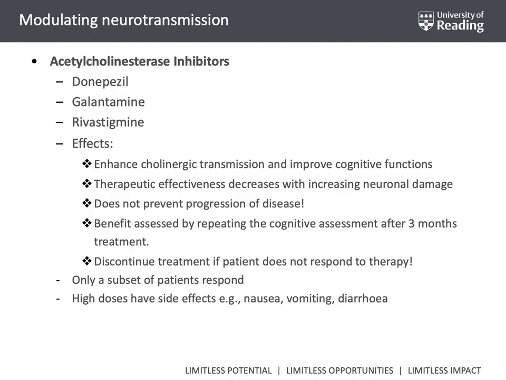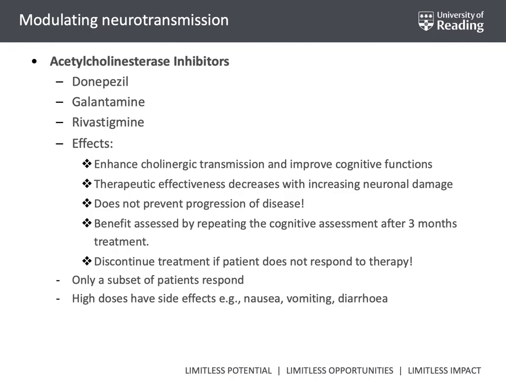And again, what you find is that only a subset of patients respond. Remarkably, it's about 40% of people living with dementia respond to these drugs. And in essence, that's saying respond in a good way.